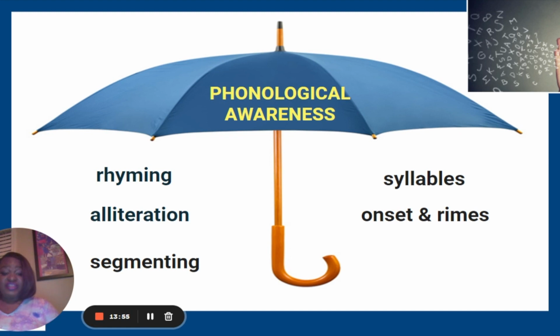I like to call that the head and the body. For example, if we were to do the onset and the rhyme in the word cat, the example and the visual that I give my students looks like this. K, at. The head or the onset is k, and the rhyme or the body is at.